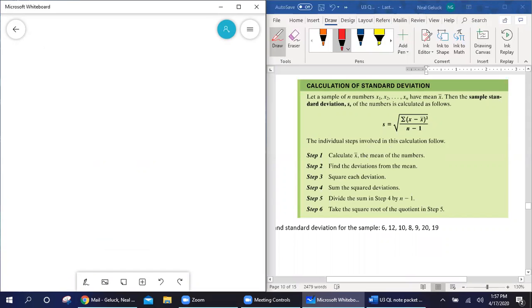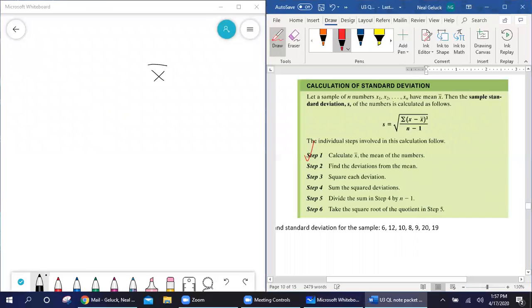So that's X bar. We then found the deviations from the mean. Step 2 was to find the deviations from the mean. That was taking each value and subtracting off the mean from it. Some of those were negative, some of those were positive.